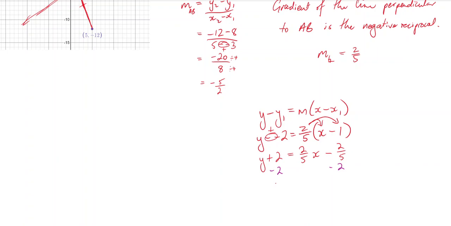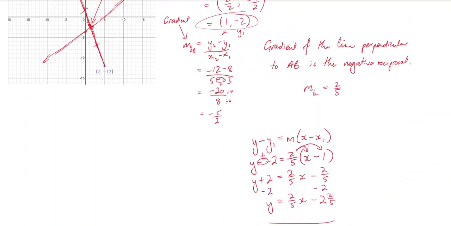Okay, so we're going to have y equals 2 over 5x, and negative 2 minus another 2/5 is negative 2 2/5. So that's our final equation of the line. I've left it in gradient intercept form. It hasn't asked us to leave it in standard form or general form or anything like that. So that's how we do it.